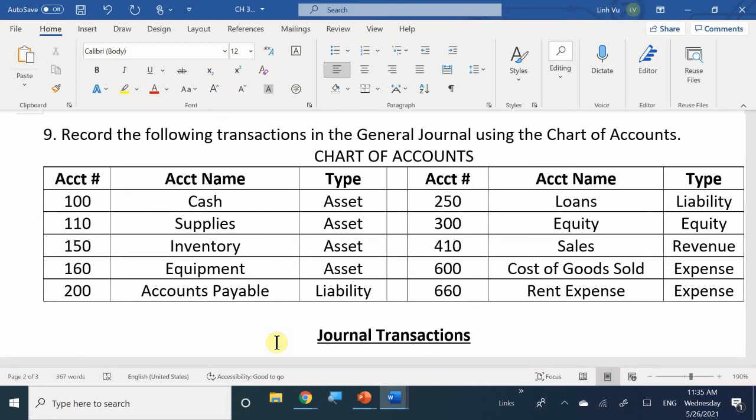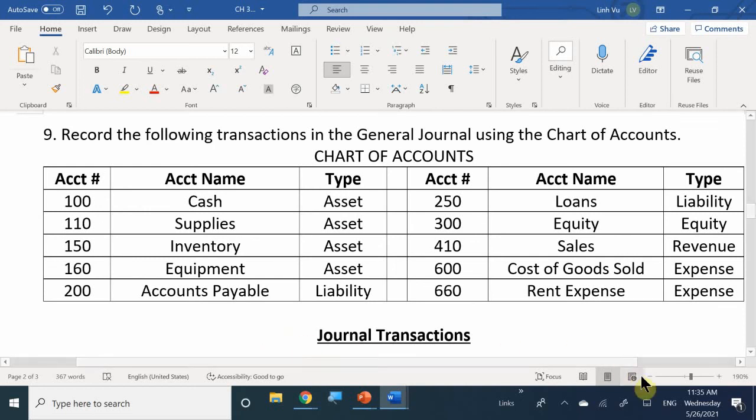So we're skipping down to step 4. So we already know that these transactions are going to affect my business. So here, step 4 says use the chart of accounts to determine which accounts are going to be affected. All right? If I paid rent for $500, what accounts would I be using?